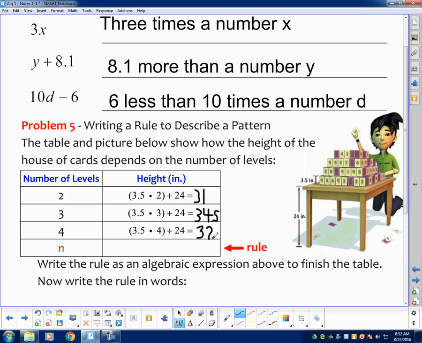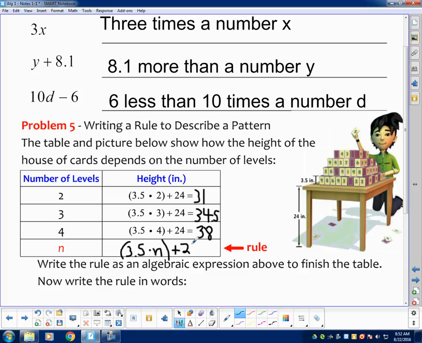So you'll notice here it's going up by 3.5 each time. So my rule is you're going to multiply the number of levels, which in this case is n, so put an n in place of the 4, and then multiply that times 3.5. 3.5 times n, and then add 24 to it, and that is the general rule.